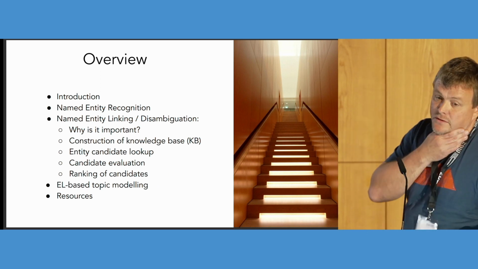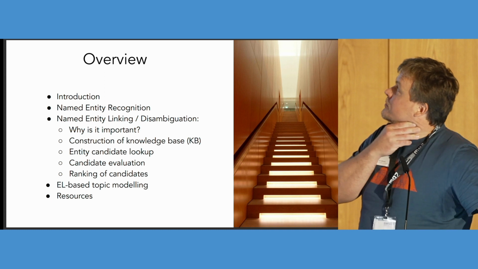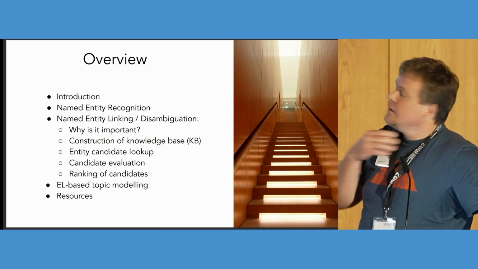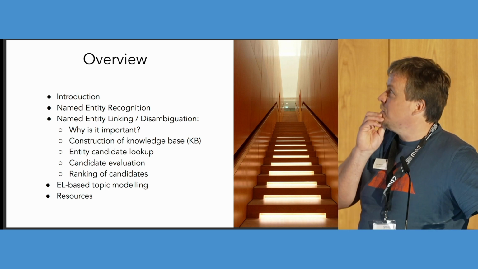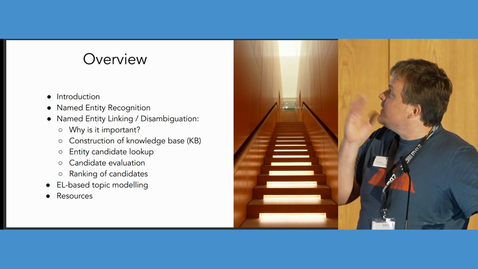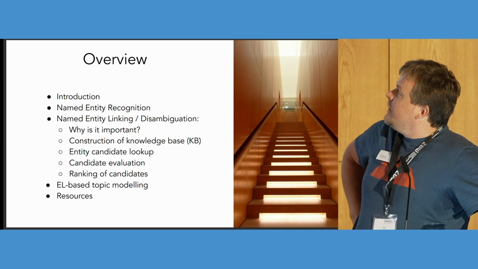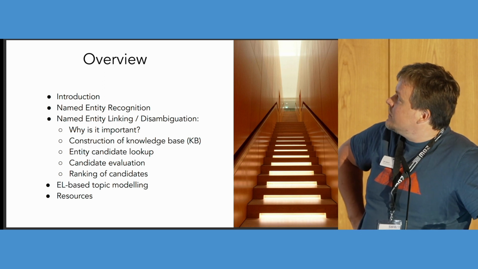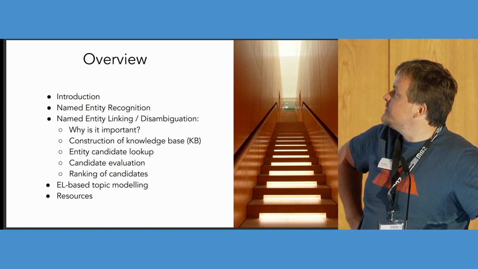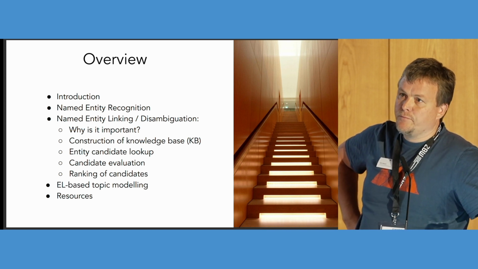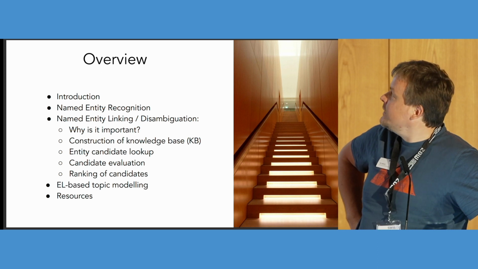This is a short overview of what I'm going to talk about. First, I'll give you a little introduction about why we do this. Then I will do a short excursion to named entity recognition, which is the prior step to entity linking.